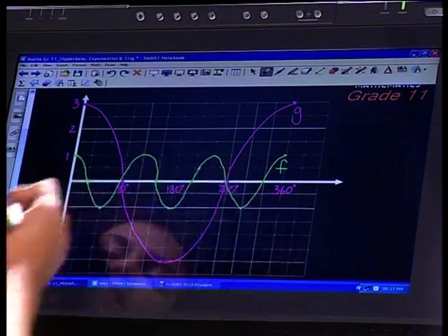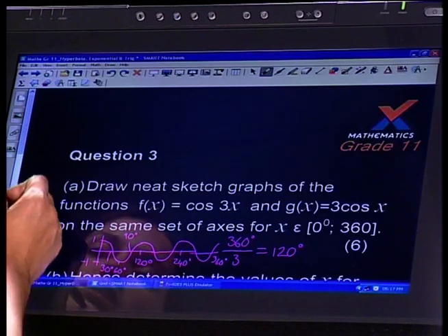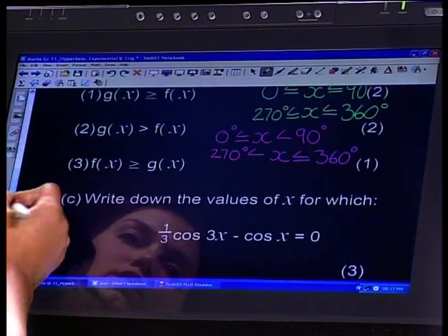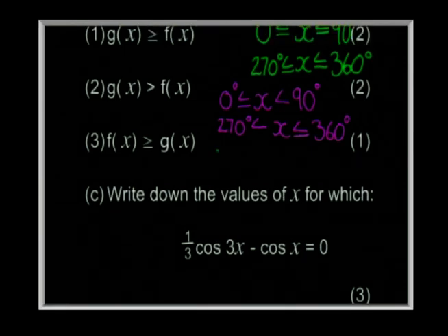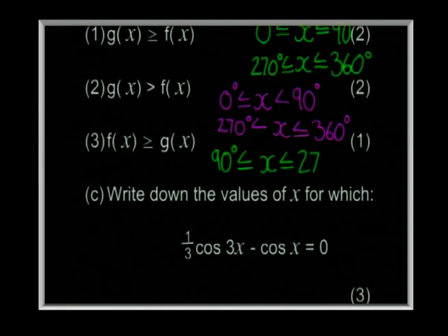So we're going to write it as an inequality again. Let's go back to green. And it happens between 90 degrees. Once again, they don't mind that they touch, so we're going to put the line underneath to indicate it can equal 90 degrees, and it can equal 270 degrees.